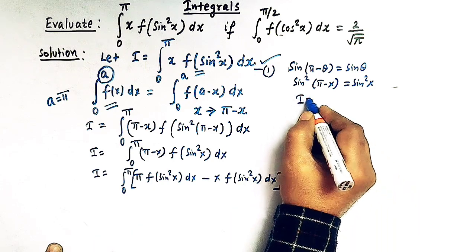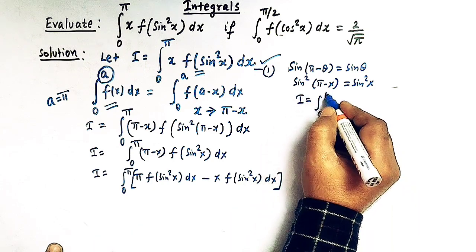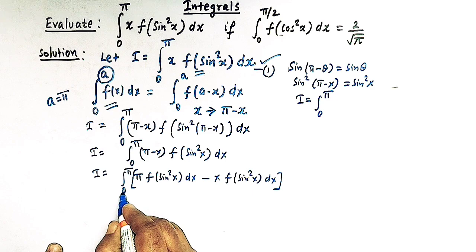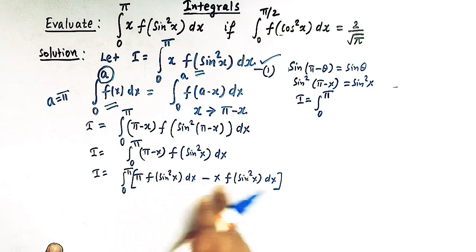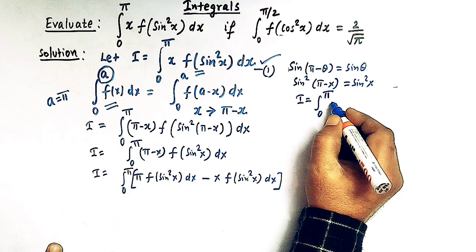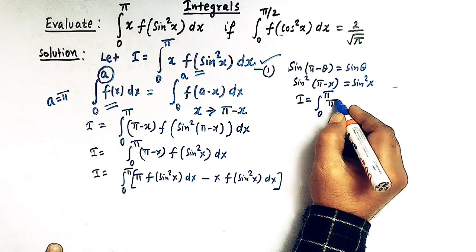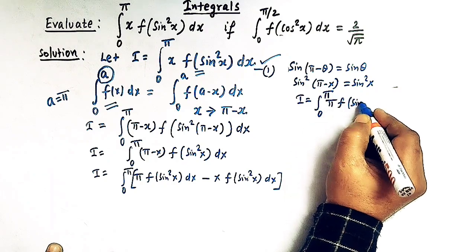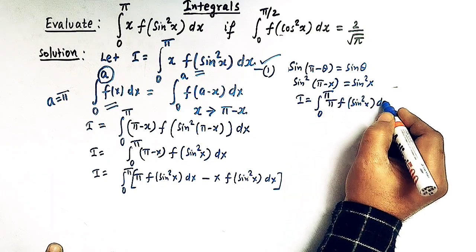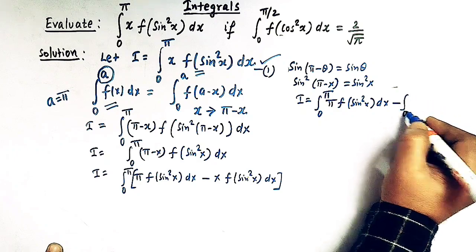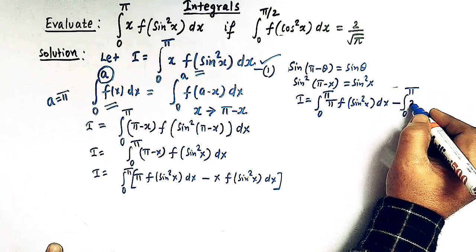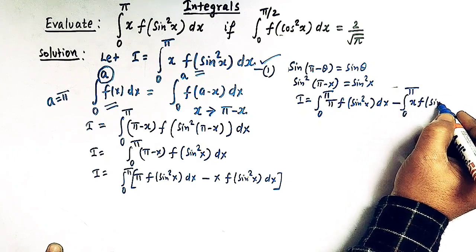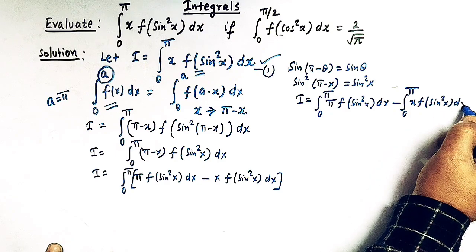Okay, so now distributing this integral into these two functions, we have the integral from 0 to pi of pi f of sine square x dx, and here we have minus the integral from 0 to pi of x f of sine square x dx.